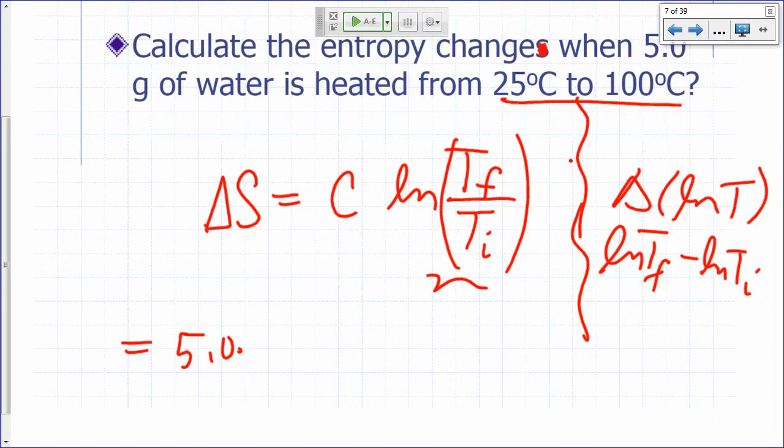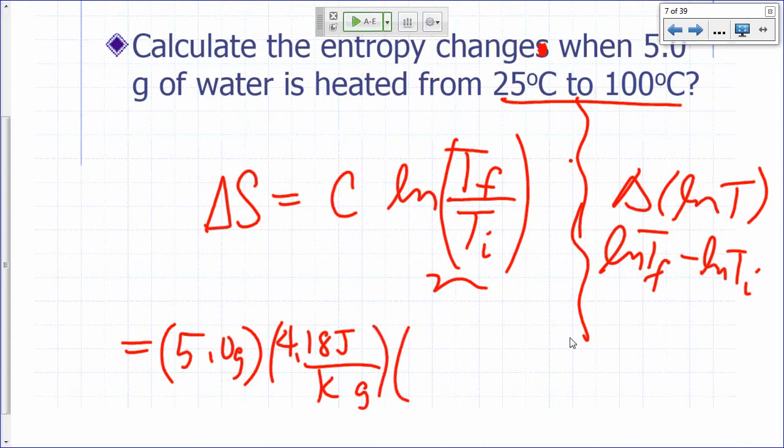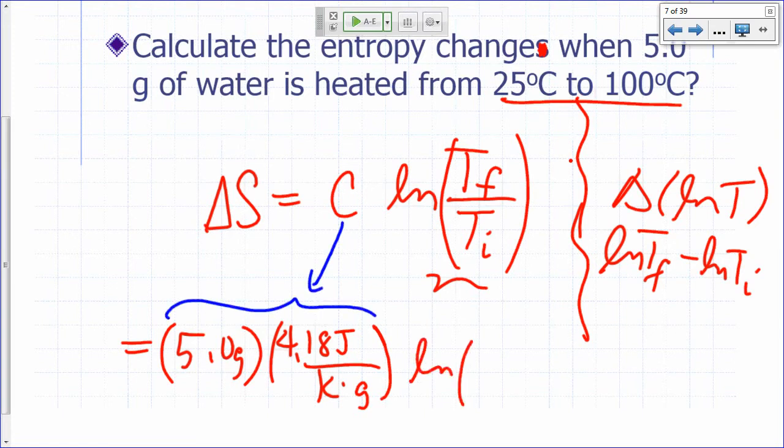5 grams times 4.18 joules per Kelvin per gram, so that's your heat capacity right there, times natural log of, what's our final temperature? 100 degrees Celsius, but we have to do it in Kelvin, so 373 Kelvin. 25 degrees Celsius is how many kelvins? 298 Kelvin.